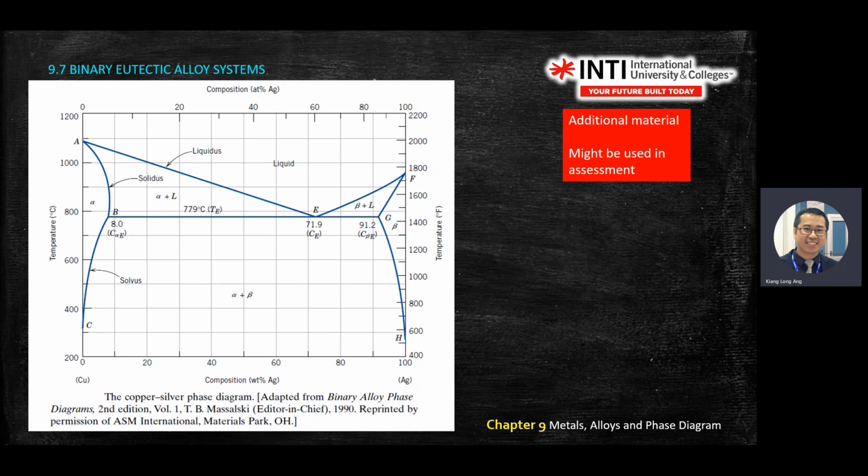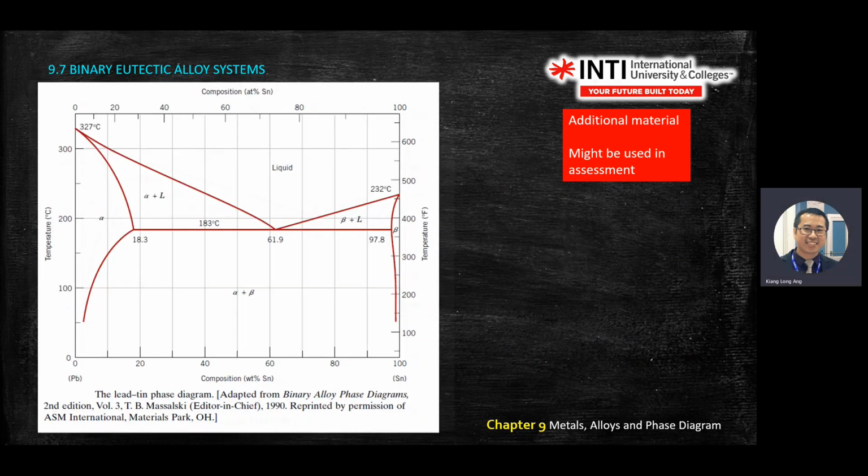And then what else? Don't read wrong. This graph you have Celsius and Fahrenheit. Don't read the wrong percentage. On the top, top is Ag percent. Bottom is the same. So it just helps you to draw the vertical line.